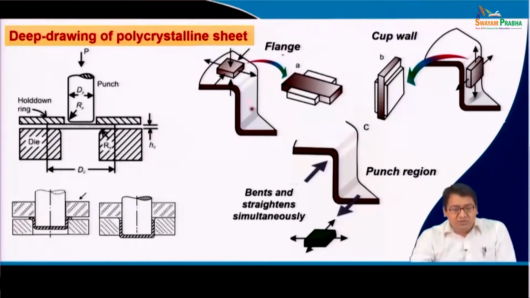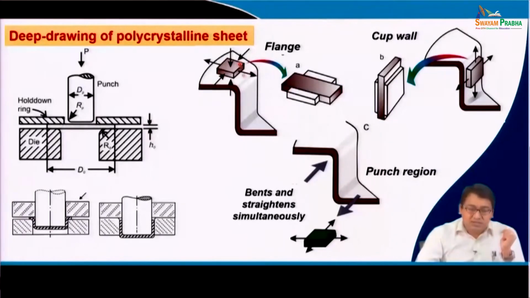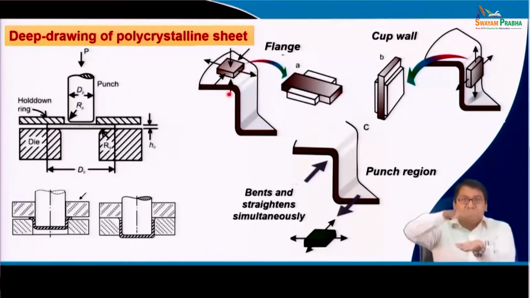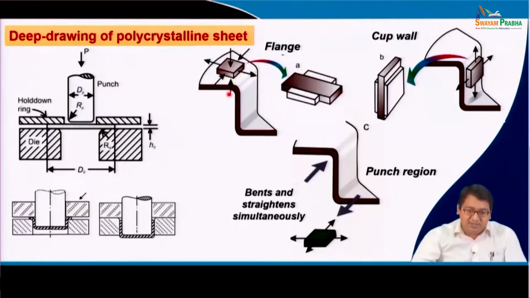And when we are looking into the flange area, the hold-down ring is basically compressing the material like this, whereas the punch is basically pushing the material inside, and when it is pushing the material inside, it is giving a tensile stress along this direction.